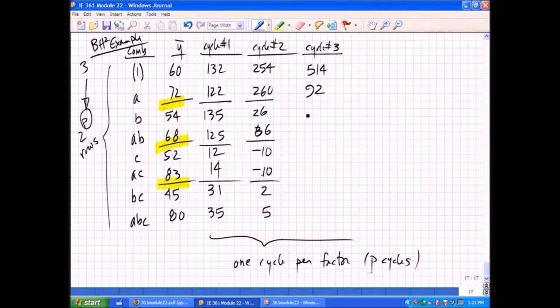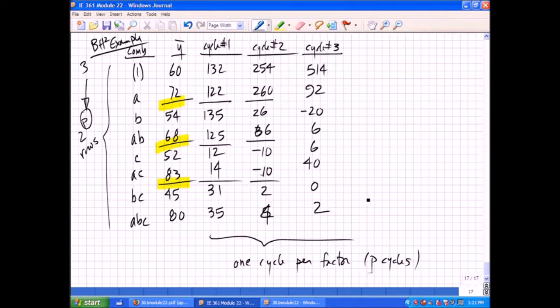Minus 10 and minus 10 add to minus 20. 2 and 4 add to 6. 260 minus 254 is 6. 66 minus 26 is 40. Minus 10 minus a minus 10 is 0, and 4 minus 2 is 2.